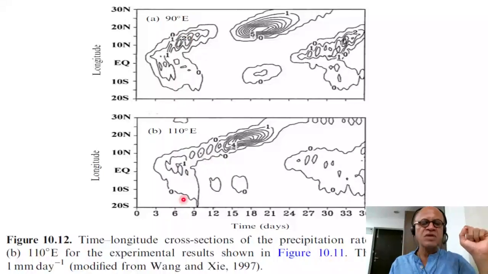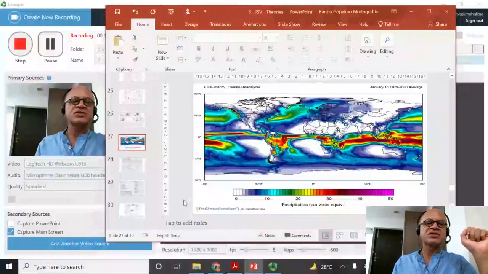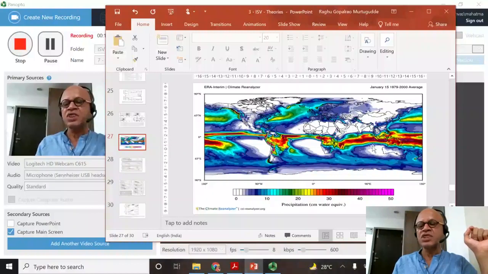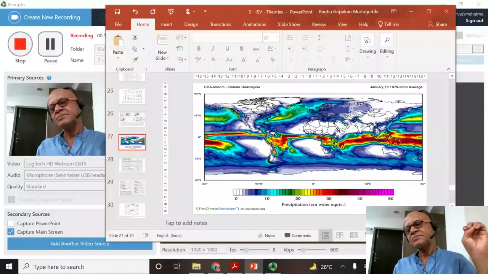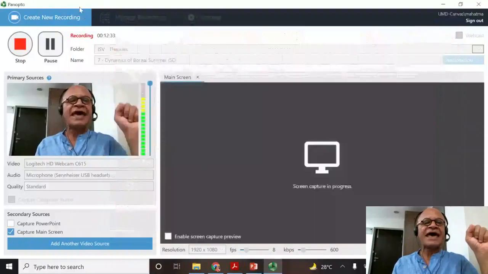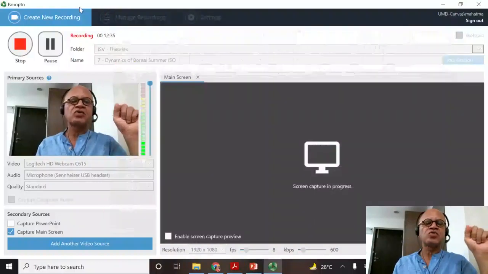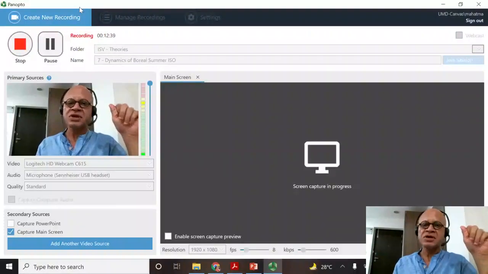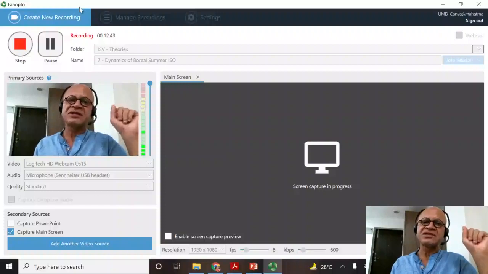So this is the argument that frictional convergence, the Rossby waves generated in the Western Pacific and their interactions with the frictional convergence can explain the northward propagation during the boreal summer, and can explain part of the monsoon intraseasonal variability.